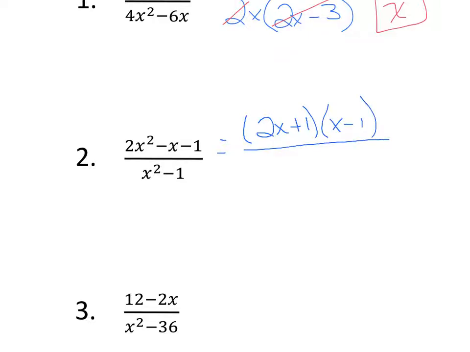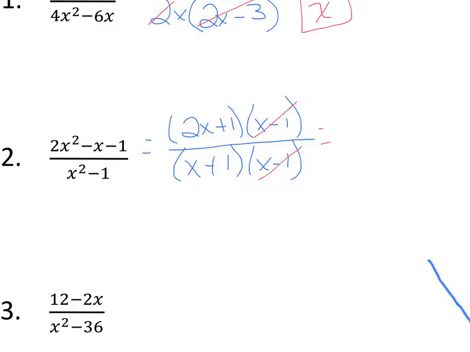And the denominator is the difference of squares. So when we factor that, we'll have x plus 1, x minus 1. And again, canceling the factors that match, the x minus 1, we're left with a final answer of, I'm going to slide over here, 2x plus 1 over x plus 1.